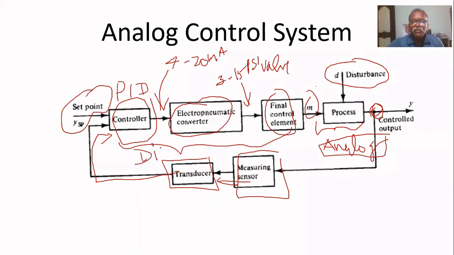If you convert these systems into digital, then it is called a digital control system. But always the process is analog only. Suppose a chemical CSTR or a distillation column: we cannot digitize that. That is always an analog system. So we have to control those analog systems by using a digital system. Then it is called a digital control system.